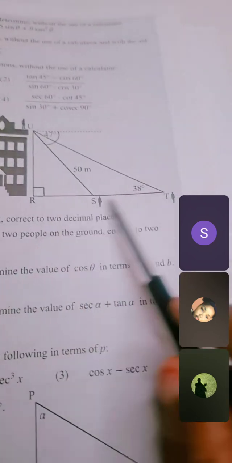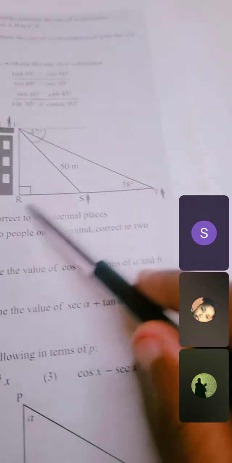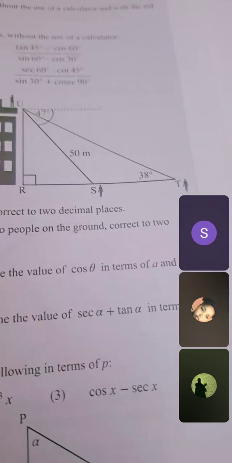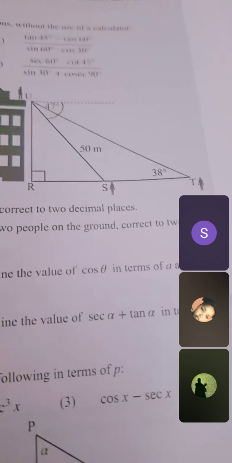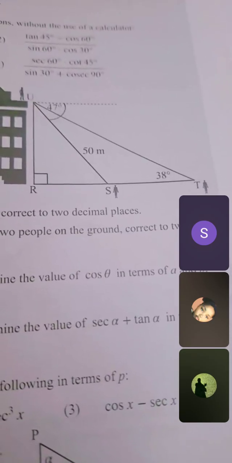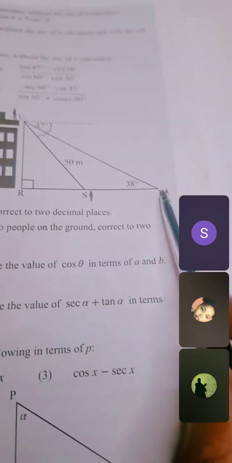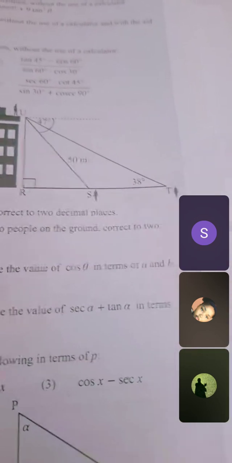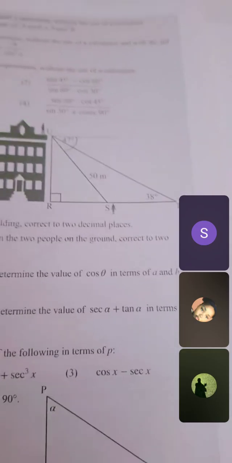Then after using this right-angled triangle to find RT, you will use this right-angled triangle to find RS. Are we together? Then you will take this full length, which is RT, and subtract RS so that you can get ST. Who's not following me? I've lost them completely.